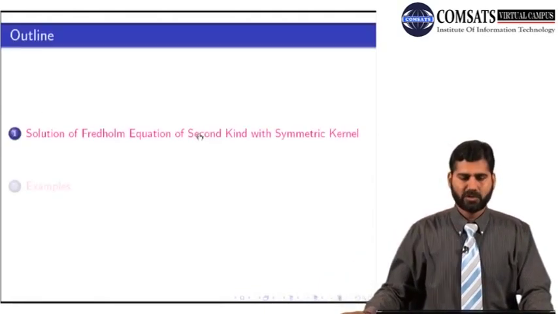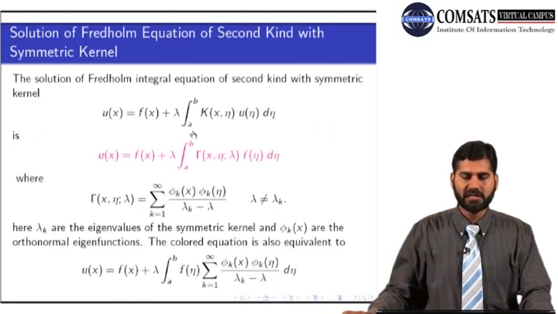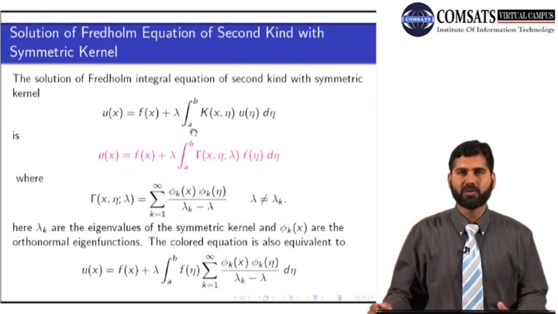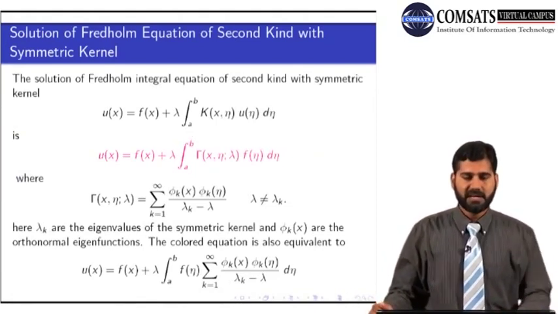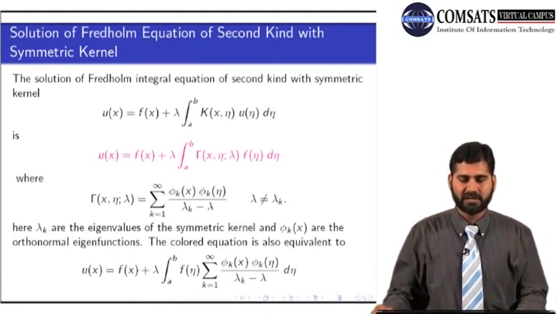Alright, so solution of the Fredholm equation of second kind with symmetric kernel. Let's start with where we left off in the last lecture. The Fredholm integral equation of second kind with symmetric kernel: u(x) is equal to f(x) plus lambda integral from a to b K(x, eta) u(eta) d eta.